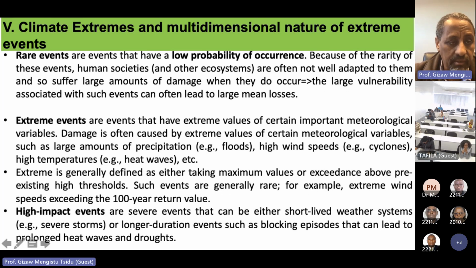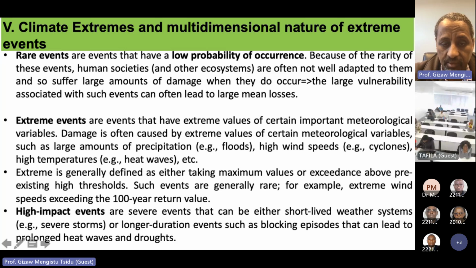Rare events in this category are low probability of occurrence, happening maybe once in 1,000 years. It depends; even an event that happens once in 100 years, we call a rare event if it's the only one. Extreme events have extreme value or certain important metrical value.